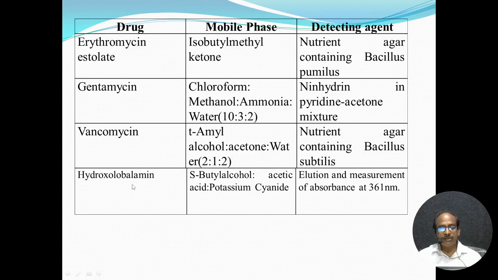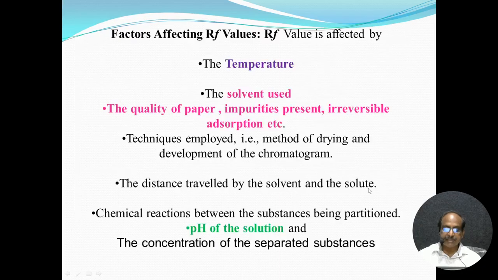And hydroxocobalamin: s-butanol, acetic acid, potassium cyanide, with elution and measurement of the substance at 361 nanometers.